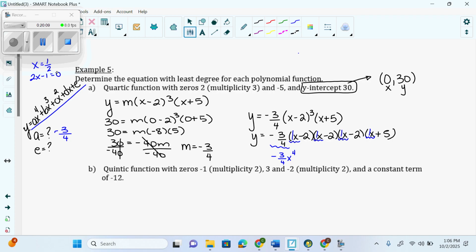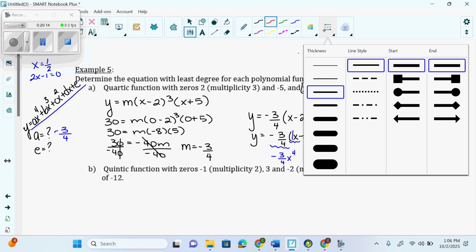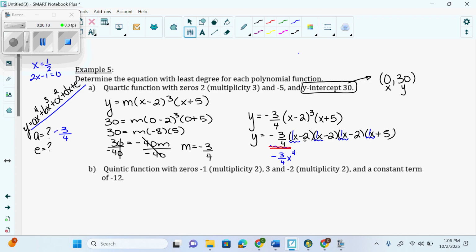Okay? If they want the constant, the e in this case, the number without a variable, I take this leading number again, but I multiply it by all the numbers. So I go negative 3/4 times negative 2 times negative 2 times negative 2 is negative 8, times 5 is negative 40.